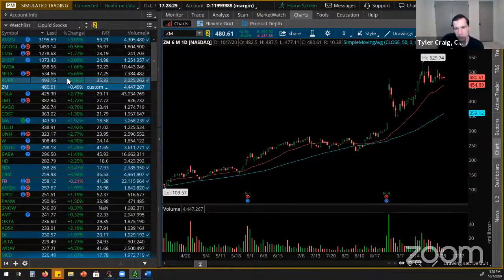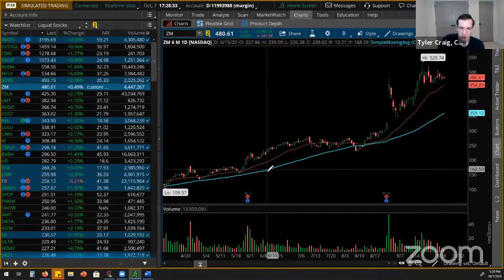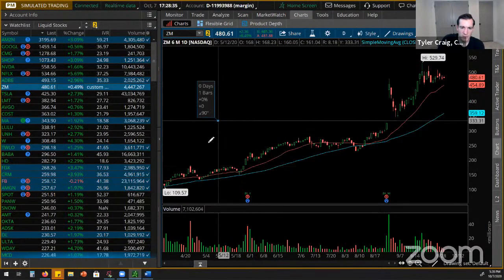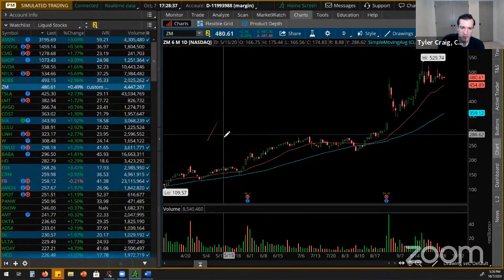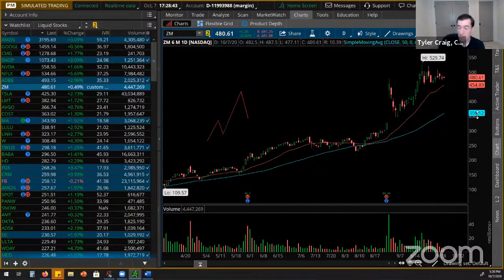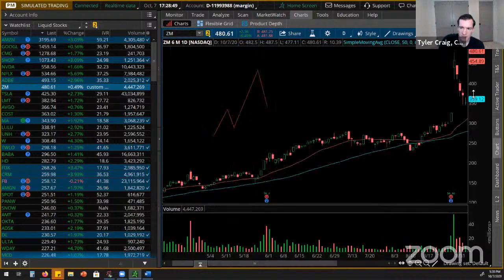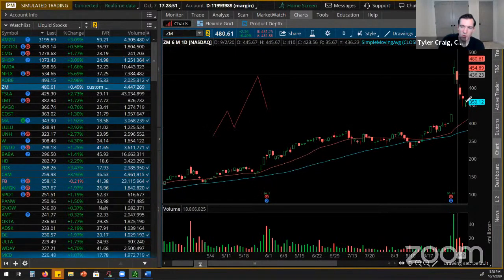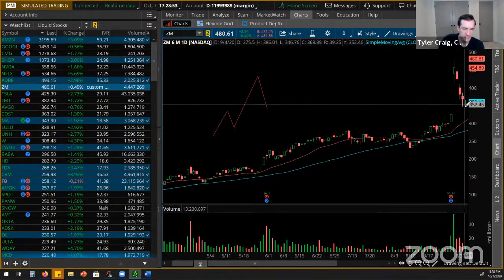What about Zoom? Would this be a bull retracement? Remember, bull retracement is uptrend, make a higher high, pull back to support, buy the dip. Doesn't look like a pullback to me. How about back here? Was Zoom a bull retracement back here?